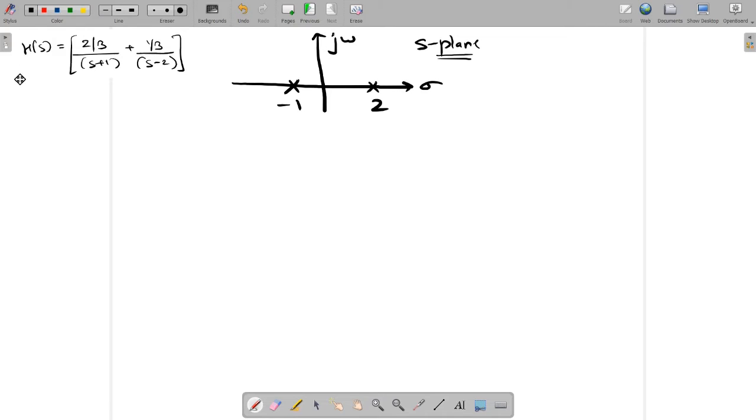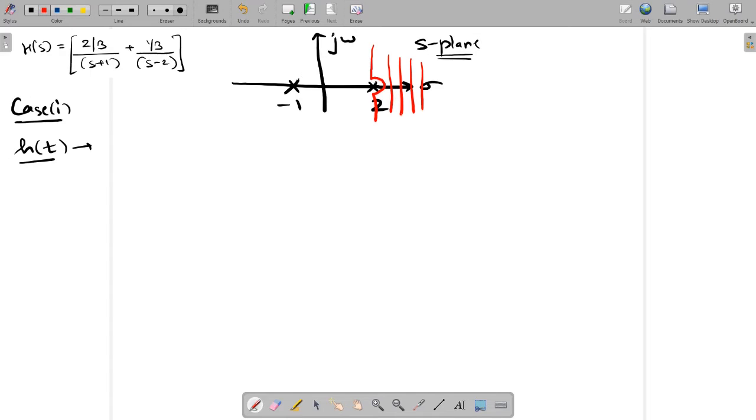Alright, so let us take case 1. H of t is causal but unstable. So let us just do the first case over here. In my first case, let the ROC be like this.